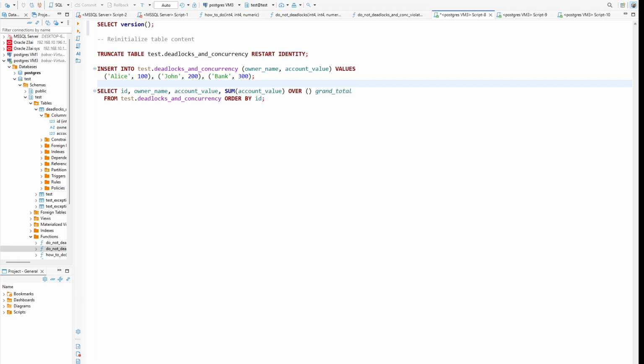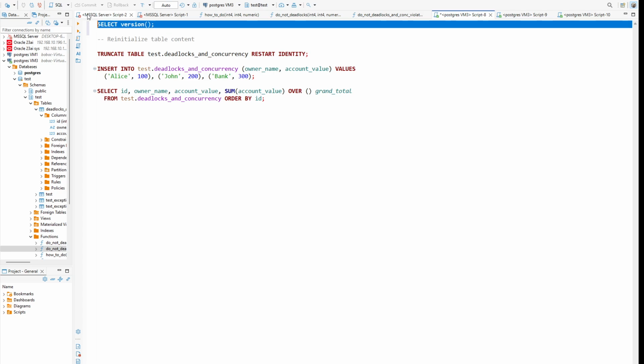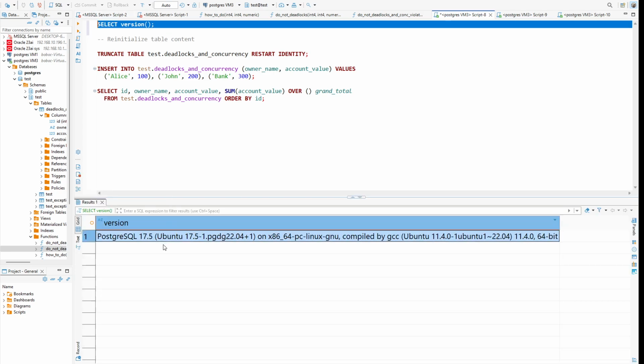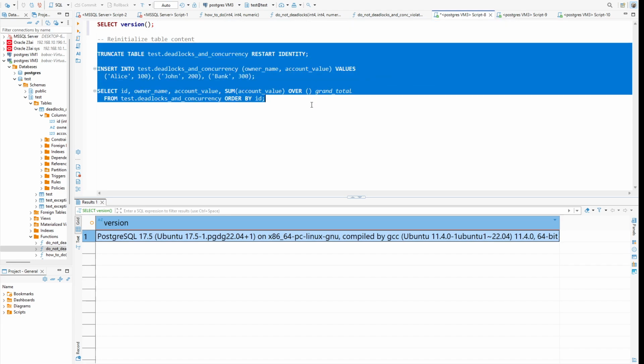And don't disregard the fact that the demo today uses only atomic actions in one single transaction. Yes, concurrent transactions. So let's see the version of Postgres, which is 17.5. As usual, we are using the most recent available versions.